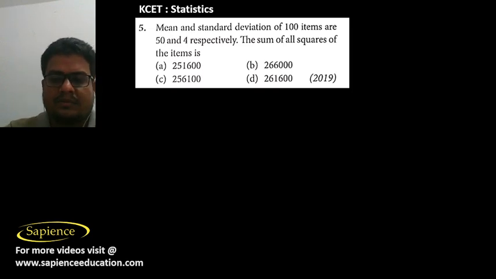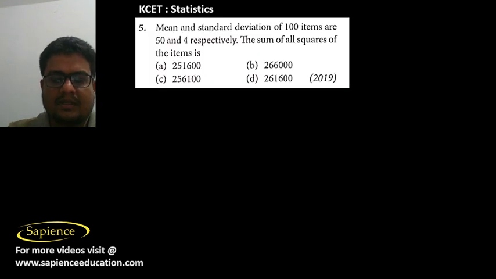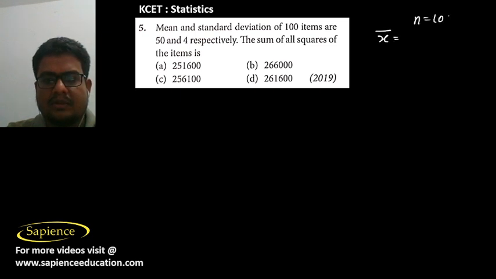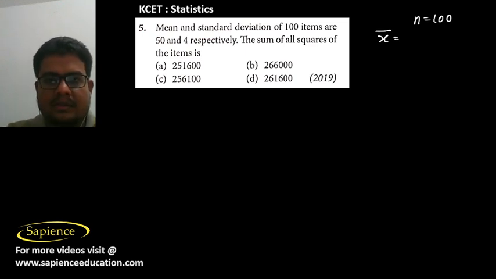Then in question number 5, it is told that the mean and the standard deviation of 100 items are given. There are 100 items, which means n is equal to 100. So the mean is 50, which is equal to summation xi by n.